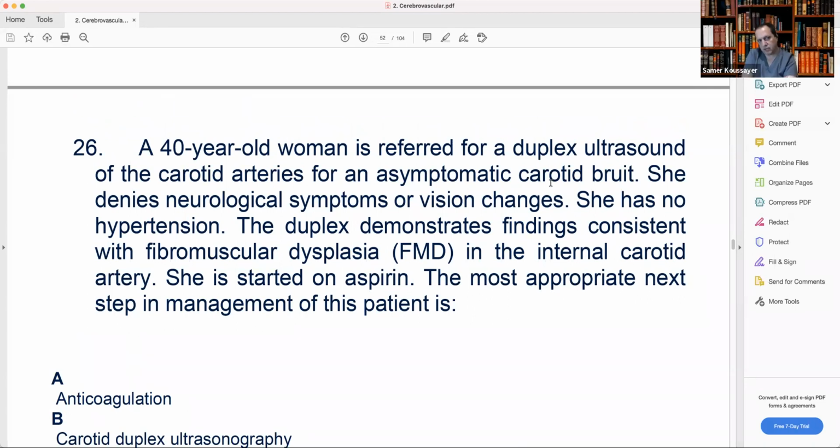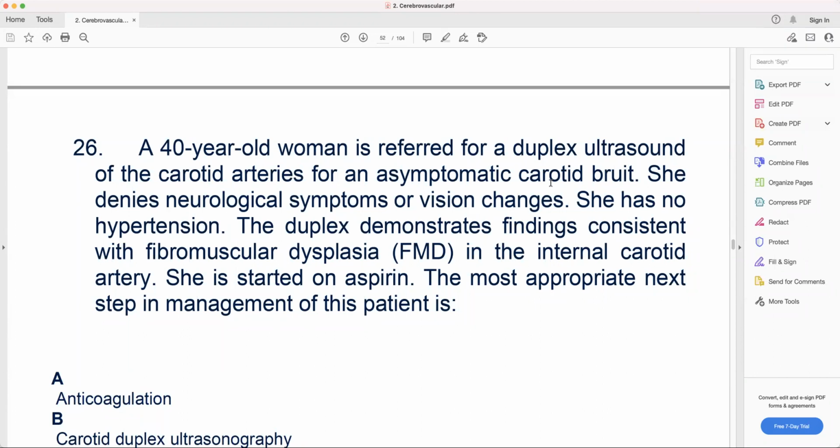If you do a CT angiogram and you find the patient has fibromuscular dysplasia, what does the guideline say? Do we treat them? Do we go with the symptoms, degree of stenosis? How do we treat them? If asymptomatic, the patient needs just medical therapy in the form of antiplatelet, to prevent TIA or stroke.